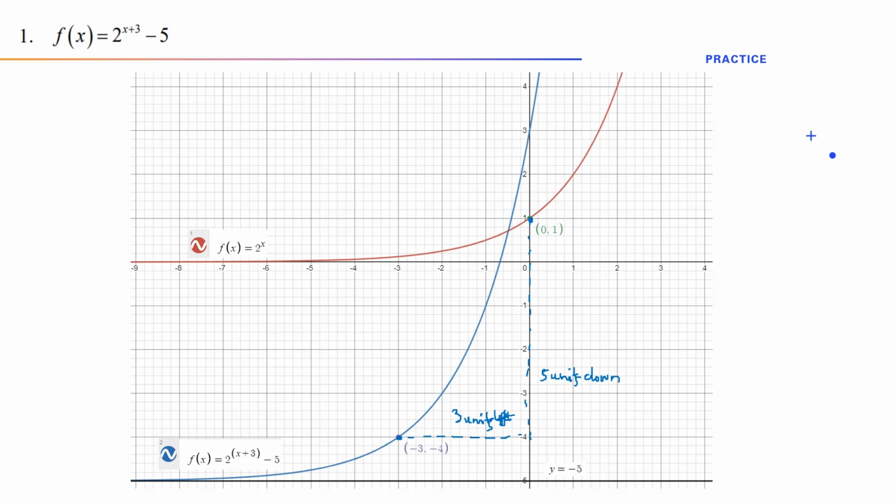The horizontal asymptote goes down 5 units. Because the horizontal asymptote is not affected by the x, it's only affected by the y value, so it goes down 5 units. The horizontal asymptote goes down 5 units as well.